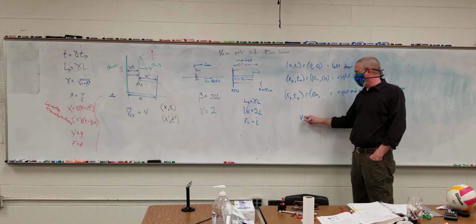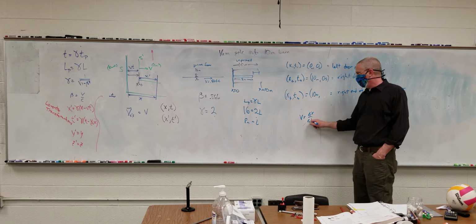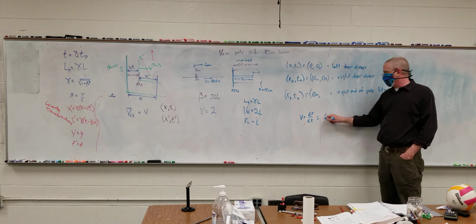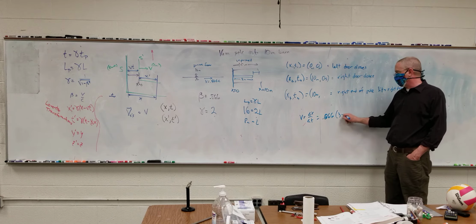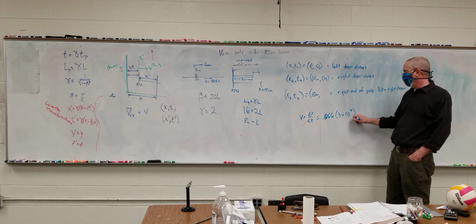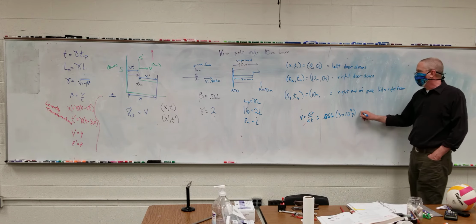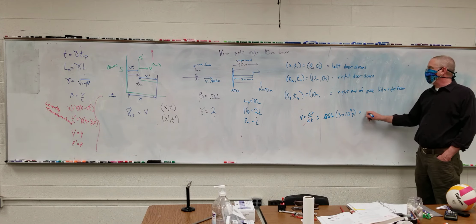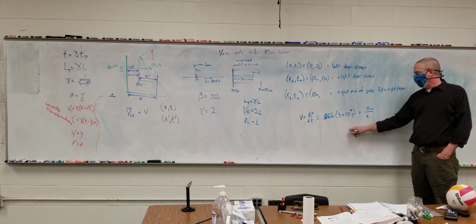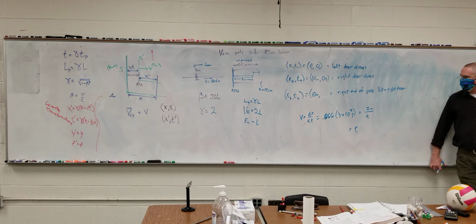Well, I know speed is distance over time. So 0.866 times the speed of light, which is about 3 times 10 to the 8 meters per second, is equal to 2 meters over time. How much time does it take?